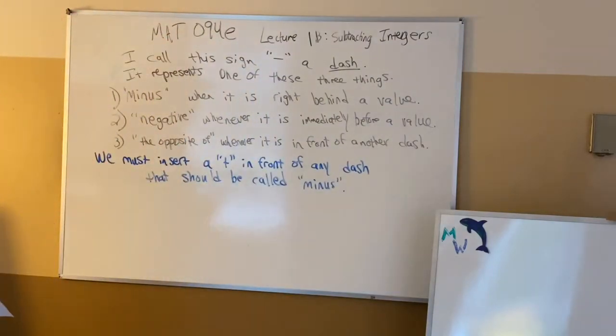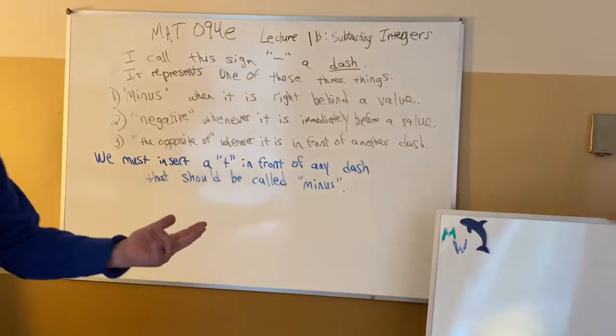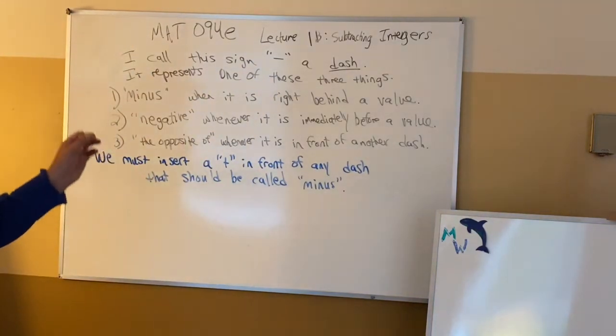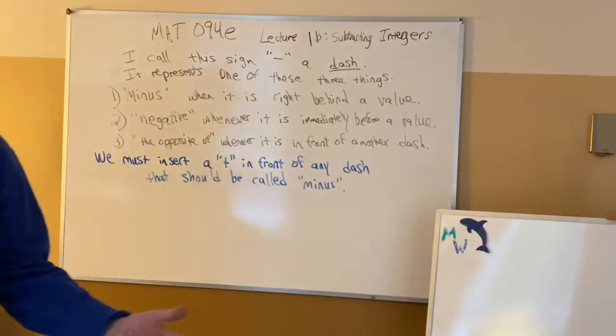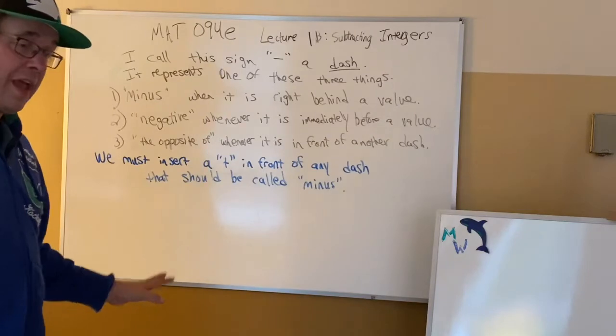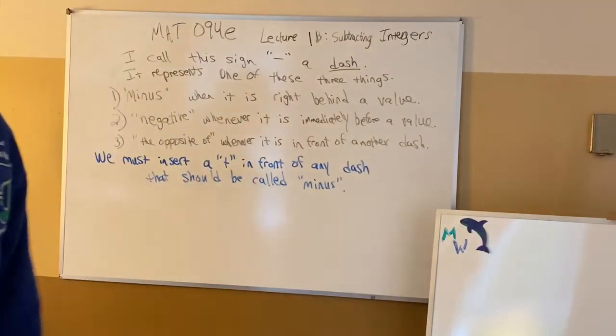Now when you insert the plus sign, you turn something from what used to be minus, which is not something we're capable of doing, into a form of addition. It still has the dash to represent the reversal of the sign of our value. Because the dash doesn't go away, it doesn't get crossed out and replaced with a plus sign. You insert a plus sign in front of any minus.